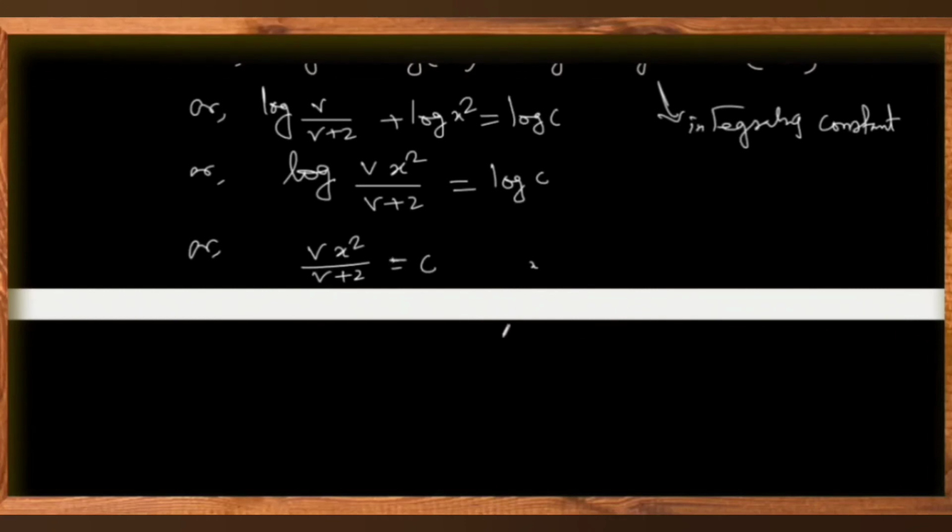If we put the value of v, we have y equals vx, so v is nothing but y upon x. So put the value of v, that is y upon x.